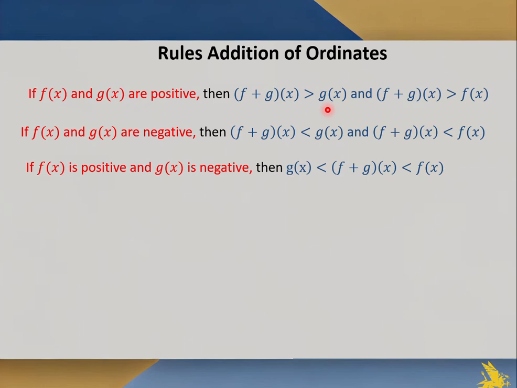If they're negative, then it's going to be less than g of x, and less than f of x. If f of x is positive and g of x is negative, it means it's going to be between those two graphs.